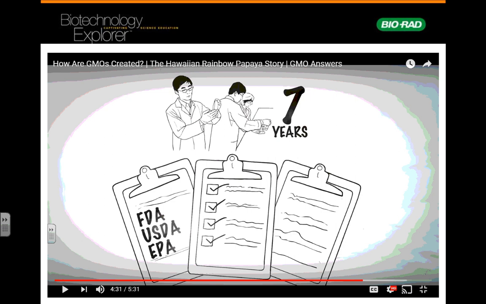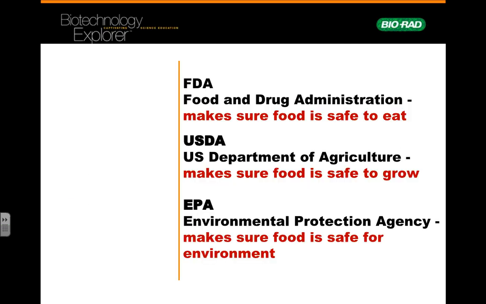So while it takes time to produce the genetically altered crop, it also takes time to test to make sure that it's doing what you want it to do, in this case, be resistant, but also still fit the criteria set forth by the FDA, the USDA, and the EPA. The FDA is the Food and Drug Administration. They're going to make sure that the food we are planting and growing is safe to eat.